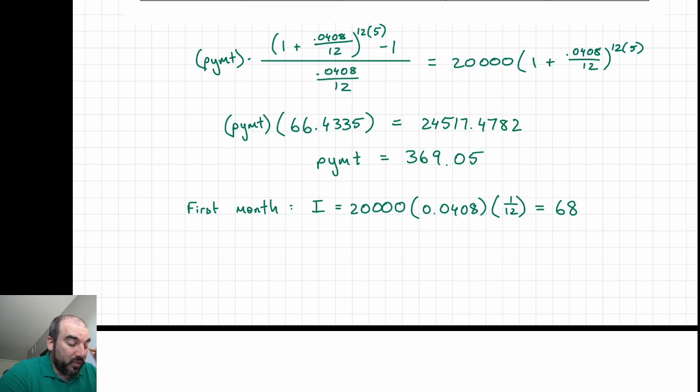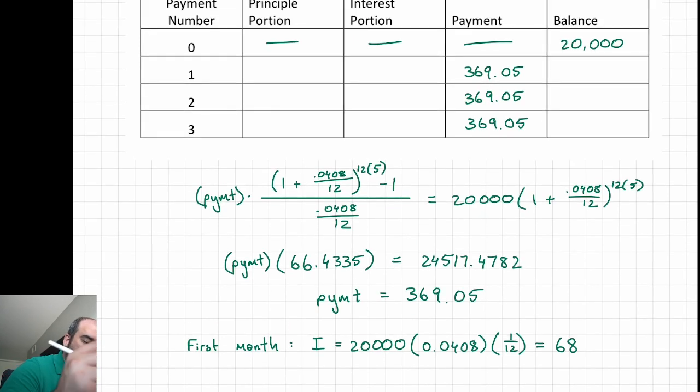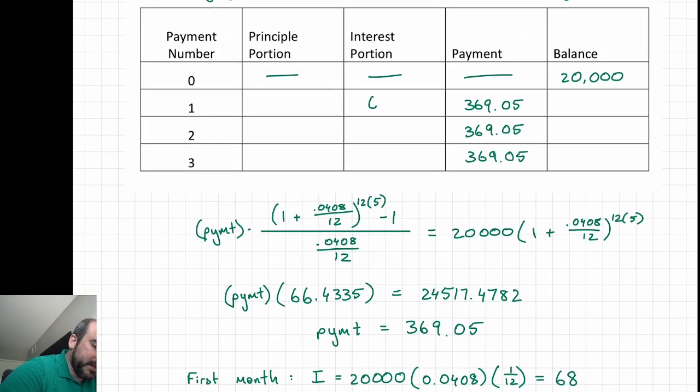That's why I need you to have a scientific calculator so you can practice this now. If you're plugging this into a scientific calculator, you can kind of plug it in as you see it. But I can maybe help when we get to breakout rooms or something. You can ask me about how to plug this into a calculator. So that comes out to 68, which means my interest portion for the first month is $68.